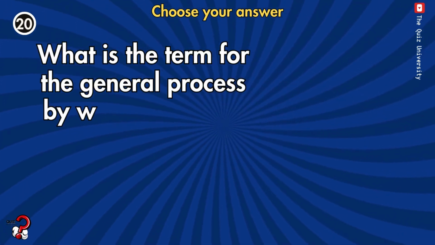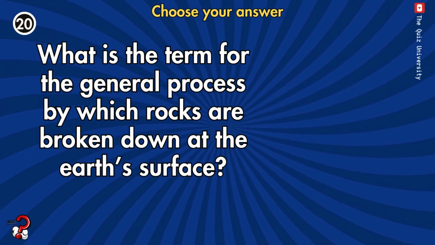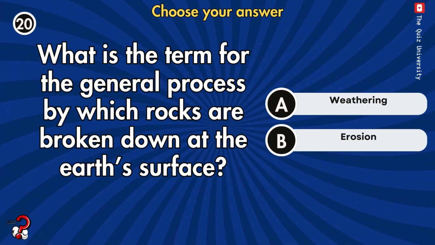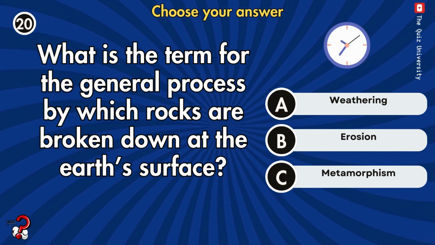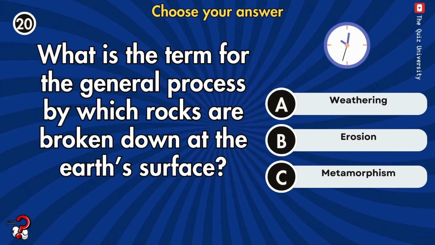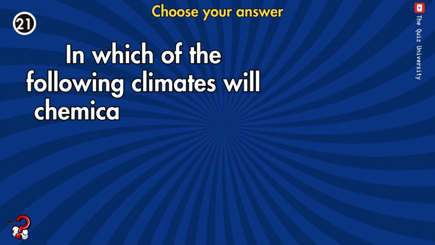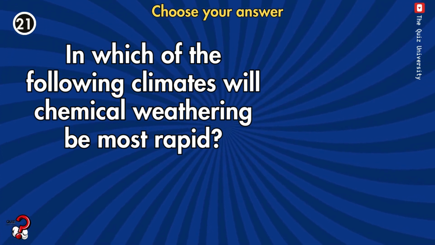What is the term for the general process by which rocks are broken down at the Earth's surface? In which of the following climates will chemical weathering be most rapid?